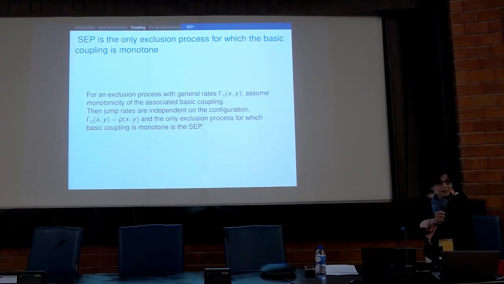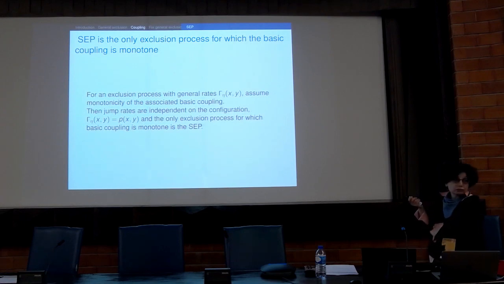As I said, it would be nice to do the same thing for another exclusion, but what we can prove is that simple exclusion is the only exclusion process for which basic coupling is monotone. Meaning, if you take some general exclusion process, you do basic coupling, you assume it's monotone, then the conclusion is that all the gamma etas are equal to pxy, so in the end you get simple exclusion.